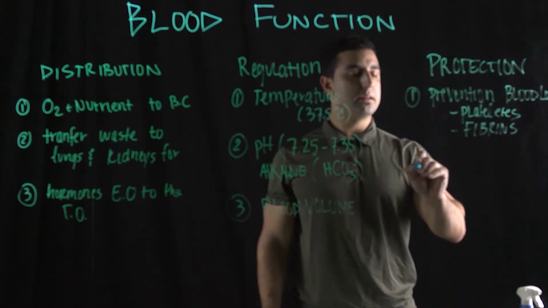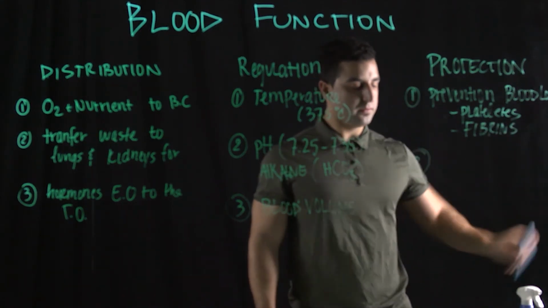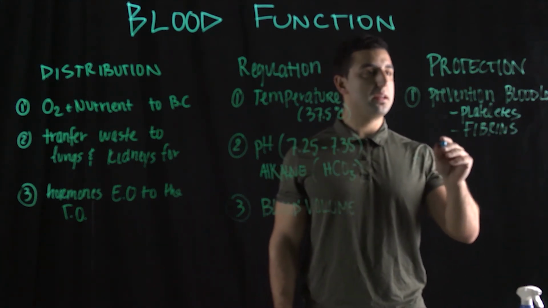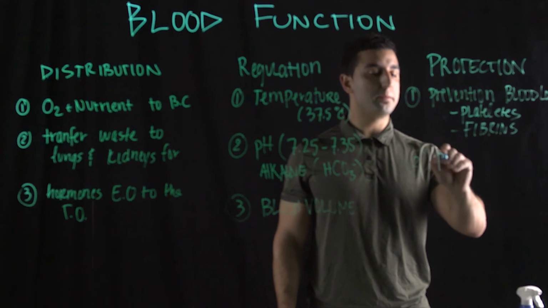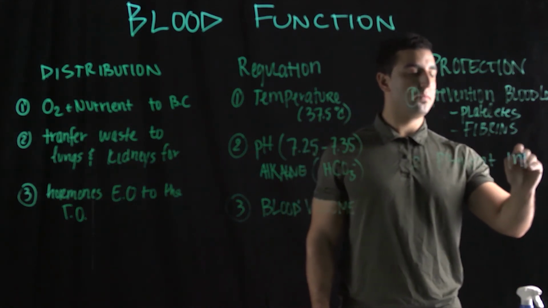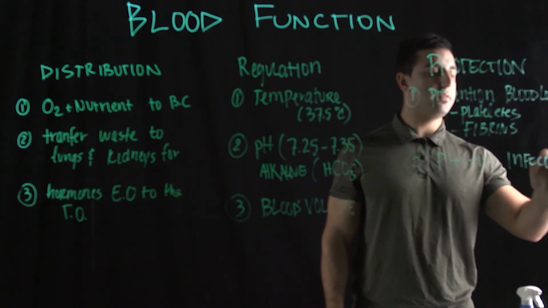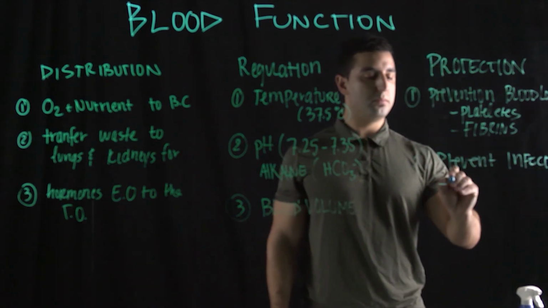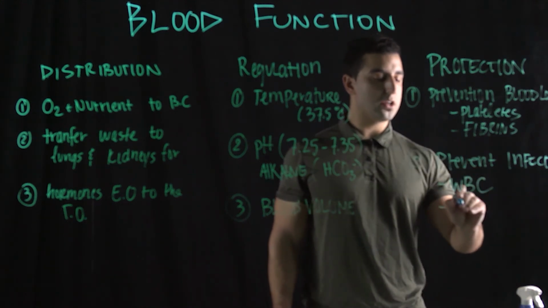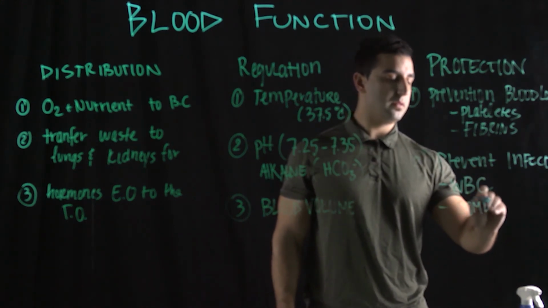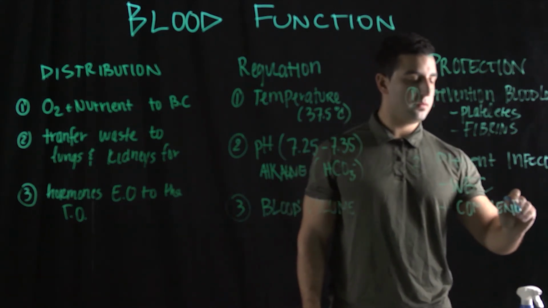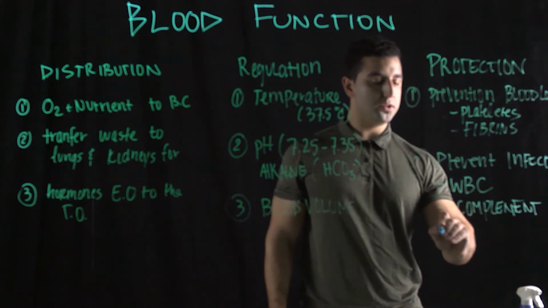And the last thing of protection is prevention of infection. So we have our blood cells, for example our white blood cells, our complement system, complement proteins, and also antibodies.